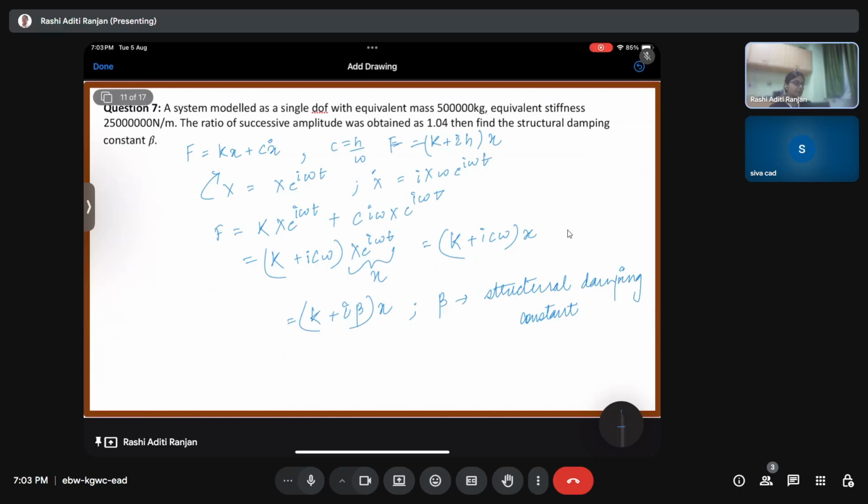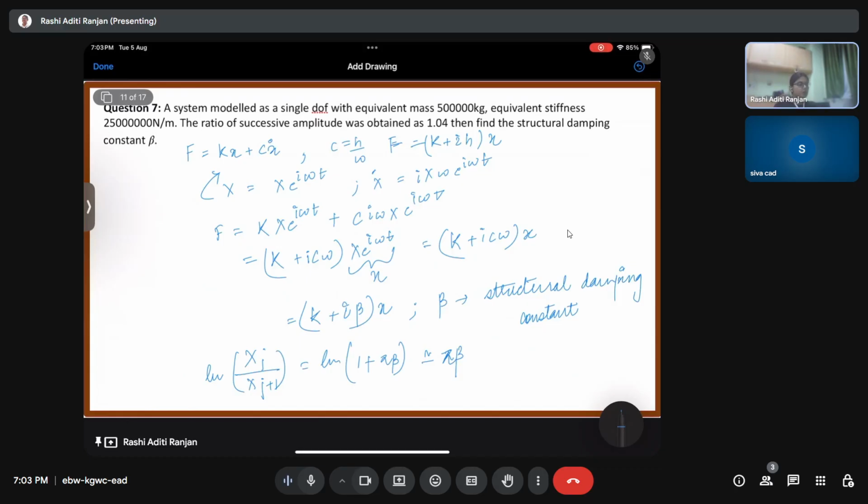Now, there was a relation, like that of a logarithmic decrement, that said that ln of x of j by x of j plus 1 was equal to ln of 1 plus pi beta. It was nearly equal to pi beta. Now see, this relation is given in the book also. You can refer to the book if you want to get into how we are going to get it. But this is the final equation that we are going to get.